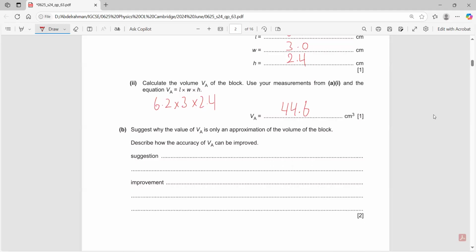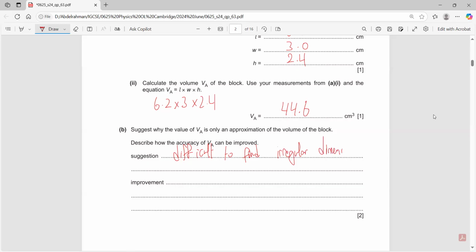Suggest why the value VA is only an approximation of the volume of the block. Describe how the accuracy of VA can be improved. First of all, why is it an approximation? Because we're not actually finding the actual dimensions. This is actually an irregular dimension, so it's quite difficult to find.